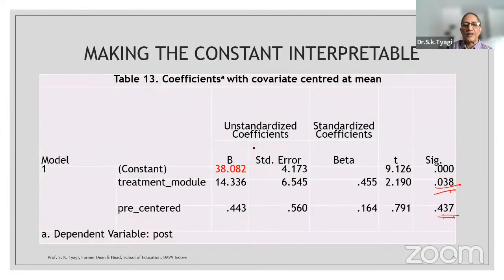This was the constant and this is the regression coefficient. If you add it, it will become the mean of this group, the treatment module group. And this is the mean of the treatment lecture group.